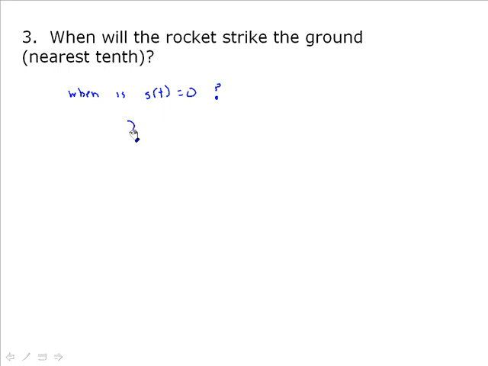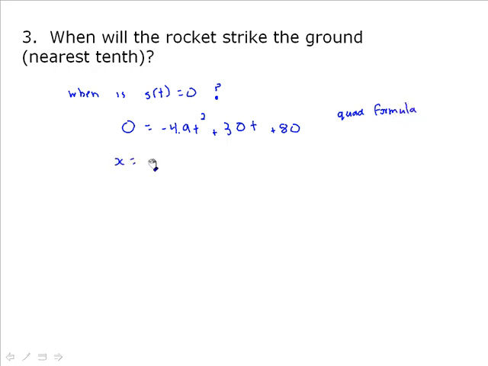So 0 is equal to negative 4.9 t squared plus 30t plus 80. And this will require the quad formula or a graphical solution. So I'm going to use the quadratic formula.